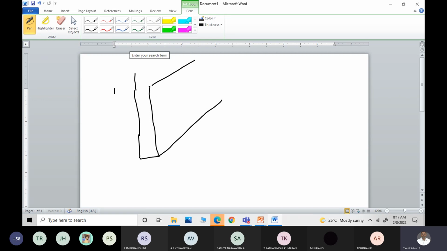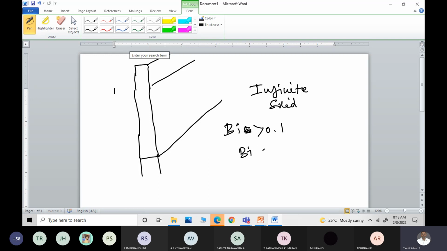So the y-axis and z-axis are not finite, and only the x-axis has a certain length. Then that solid is said to be an infinite solid, which extends infinitely in the other two directions apart from the x-axis. In the case of an infinite solid, the Biot number is greater than 0.1 and less than 100.